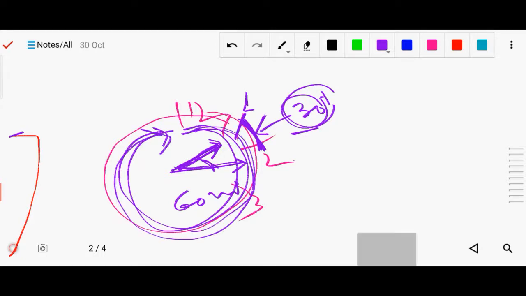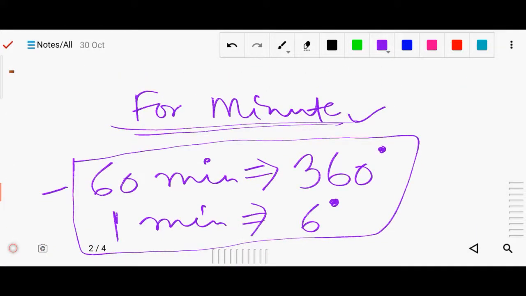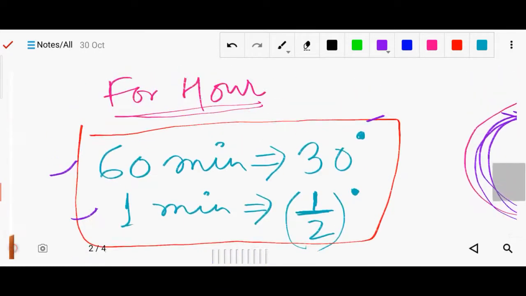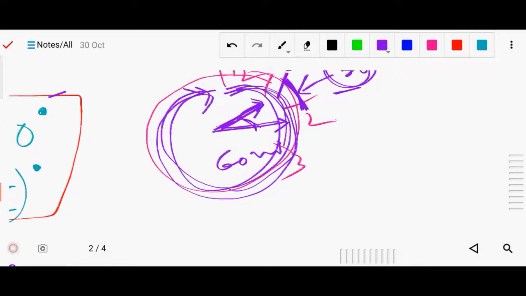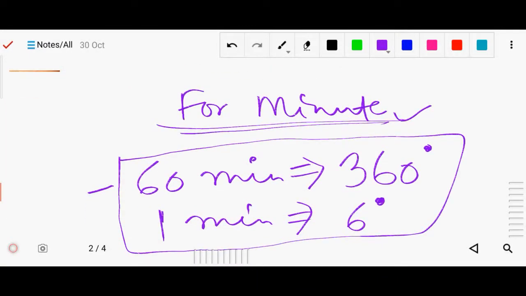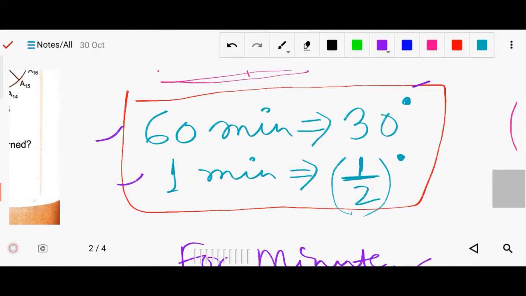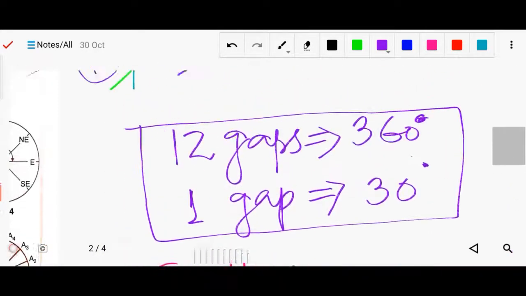So in 60 minutes the minute hand covers 360 degrees. For 1 minute, 360 divided by 60, you will get 6 degrees. So in 1 minute the minute hand covers 6 degrees, and the hour hand covers 1 by 2 degree. We will use these two.